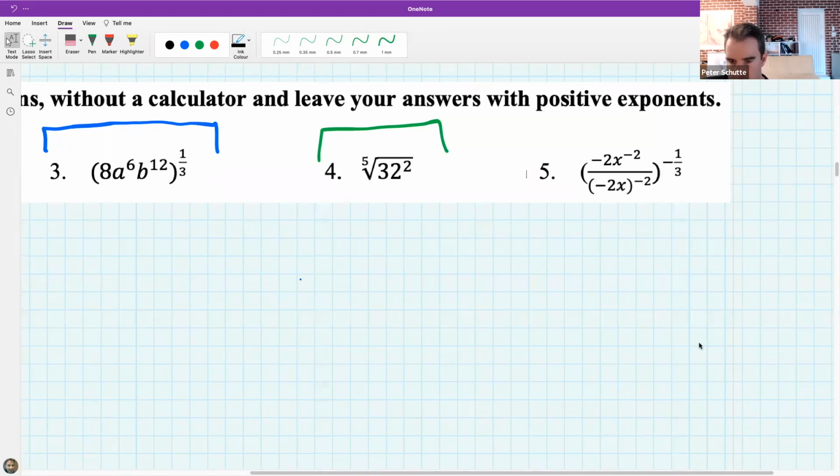Okay, someone has given the answer to 4, but we also want the answer to 3, and we want the answer to 5 as well.